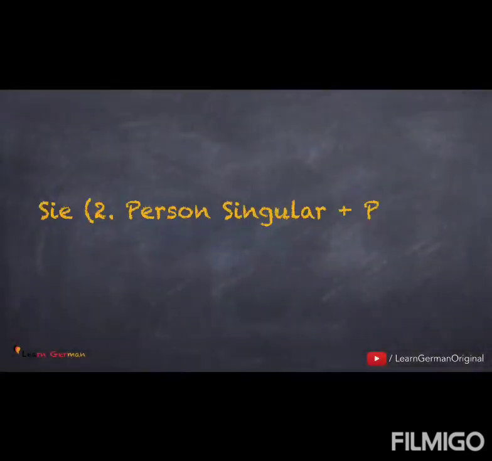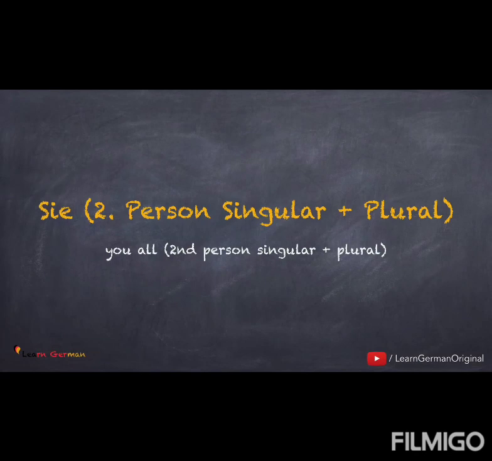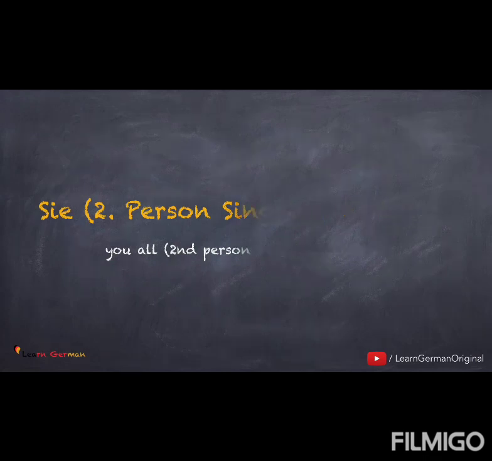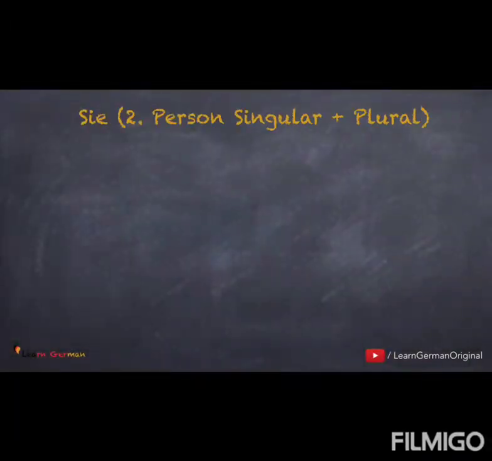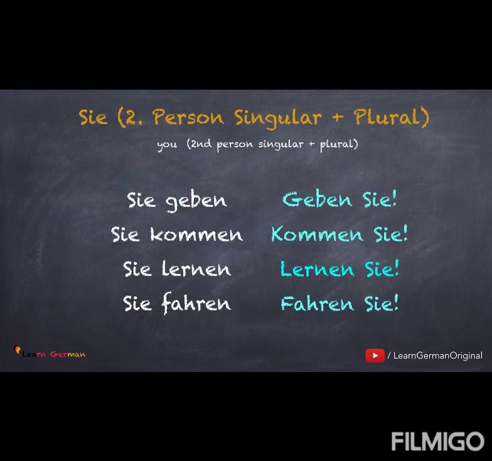Great! Now let's move on to Sie. Zweite Person Singular und Plural. This is the easiest form for making imperativ. Here again we have 4 examples. Sie geben changes to geben Sie.